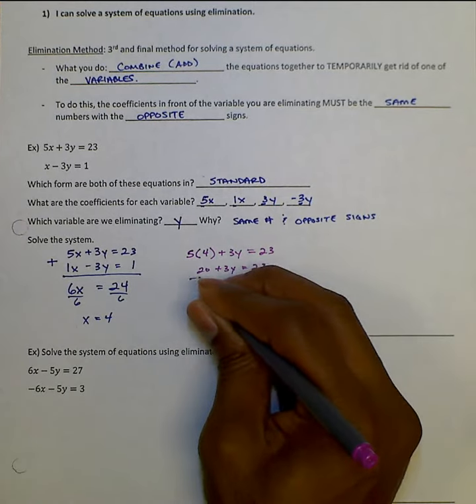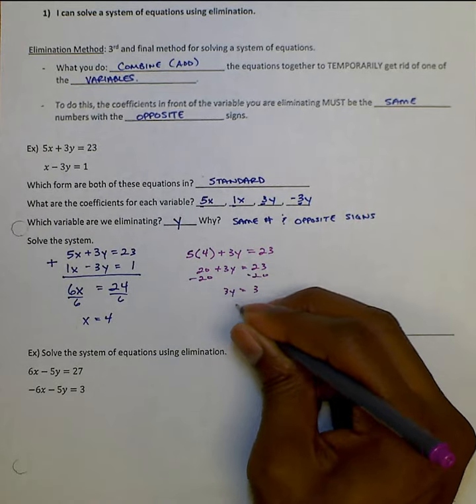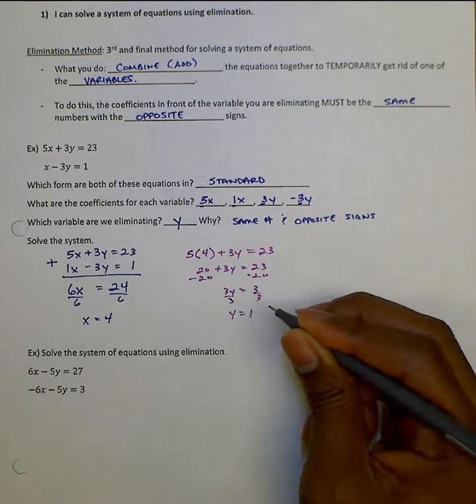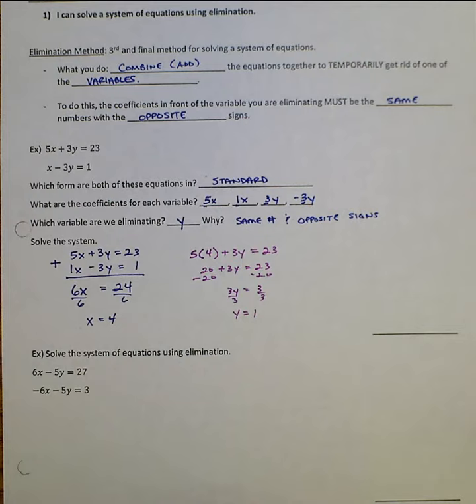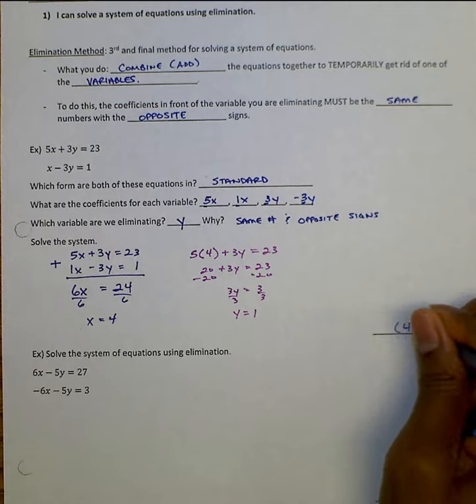And now I'm going to solve for y. So I get 3y equals 3, divide by 3, and I find that y is 1. So I have my x value of 4, my y value of 1, and so my solution is 4, 1.